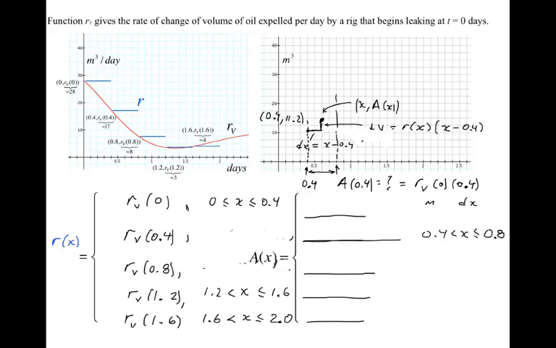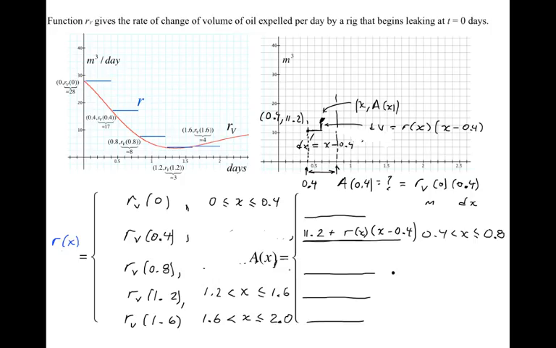So now how do we get the final value of a of x? A of x will equal initial plus the change, which is rate times the change in x. See, if you use the change of just all 0.4, then you're just calculating the whole change for the whole interval.